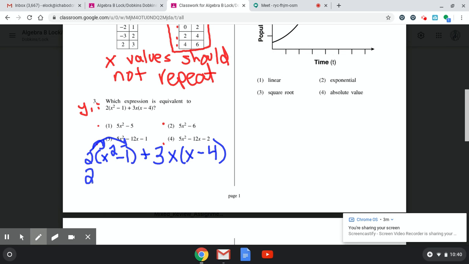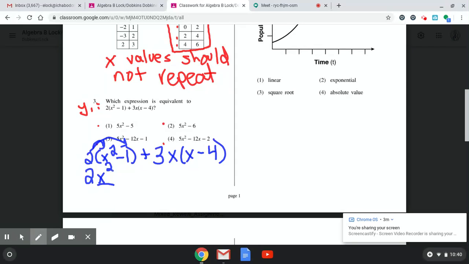Okay, so if we distribute the 2 here, what do we get first? I'm starting to lose my math skills. That's why we're doing these, right? We appreciate you guys showing up.